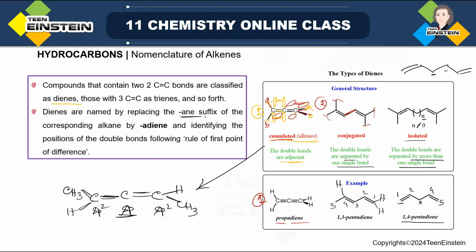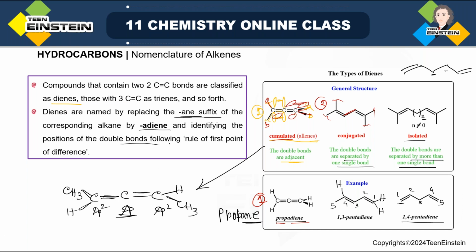Dienes are made by replacing the ane suffix, that is, we are talking about nomenclature. So the ane from the alkane will be removed, and in that place you have to add adiene. So just take the example of propane. In propane, you are removing the term ane. Instead, you are putting adiene.